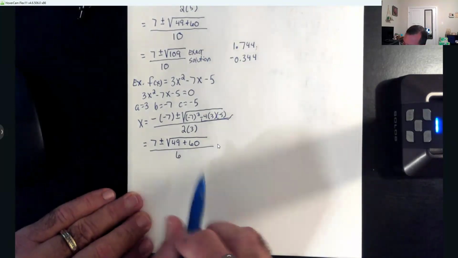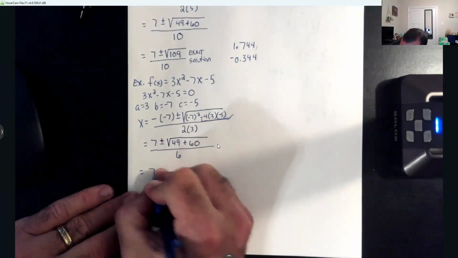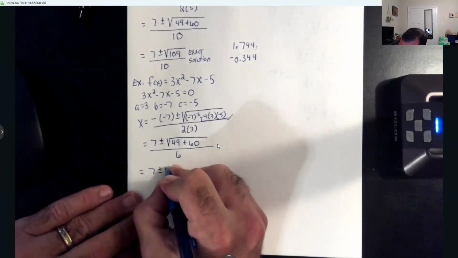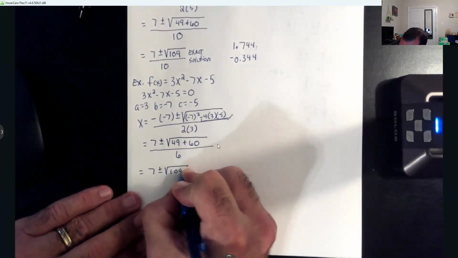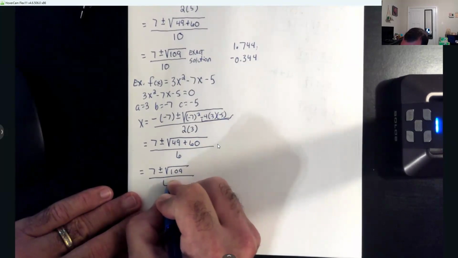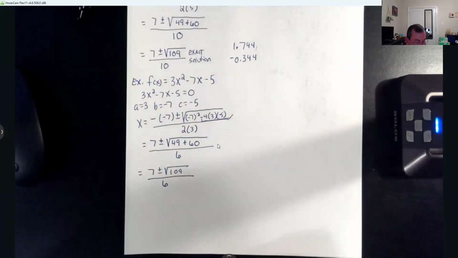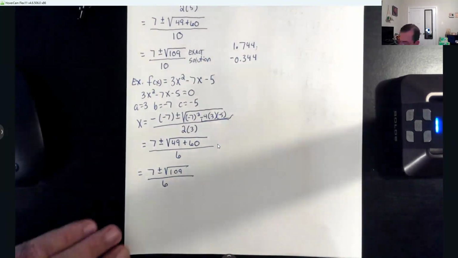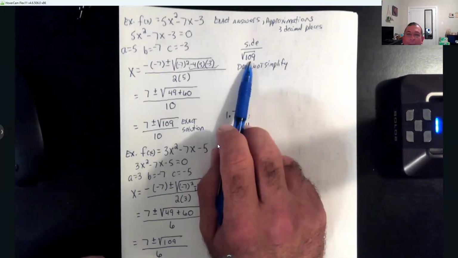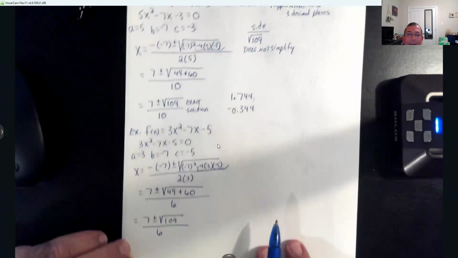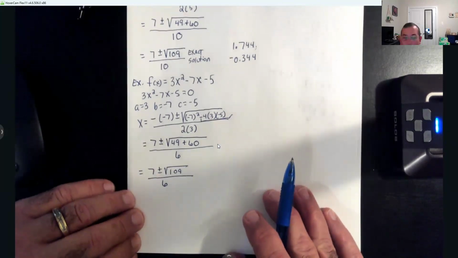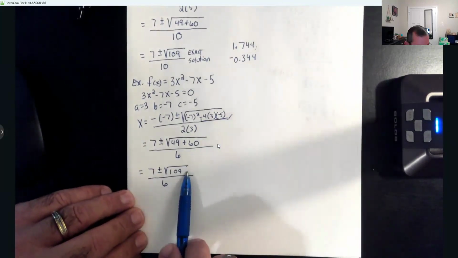All right, y'all, so let's add that. So this will give me 7 plus or minus square root 109 all over 6. And y'all, we already know we can't simplify that 109 because we did that 109 up here. So we know 109 is not going to simplify.